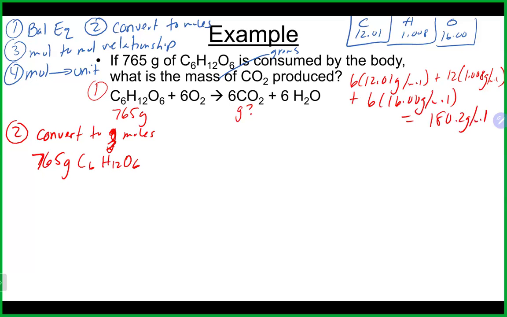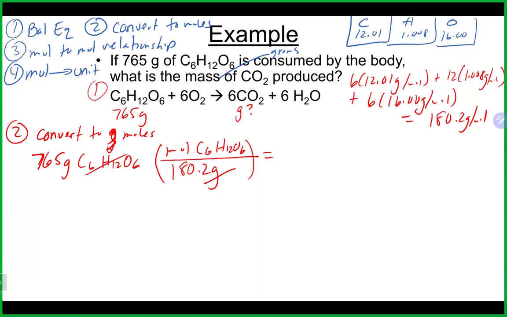And we're going to use that as a conversion factor to convert our grams into moles. So we're going to go with our grams on the bottom, which would be 180.2 grams per mole of C6H12O6. If you want to get an answer at this point, you can.